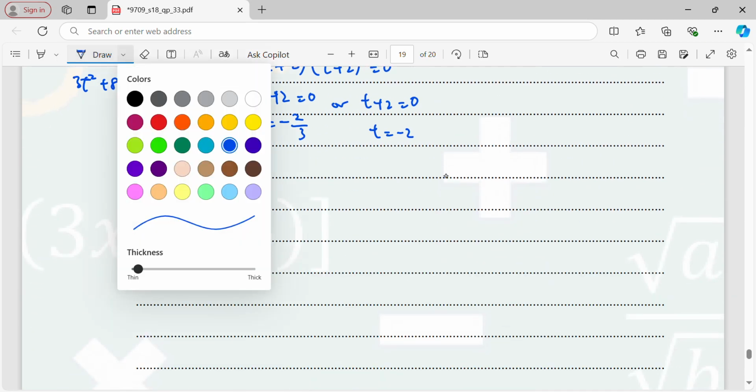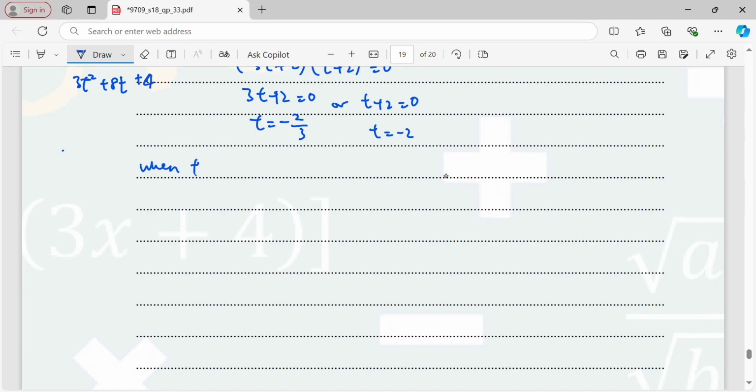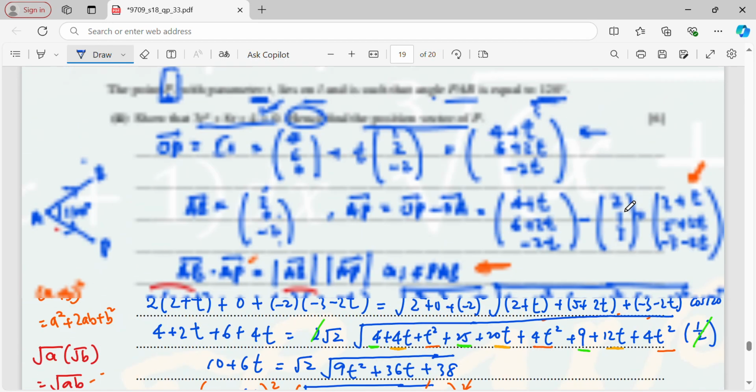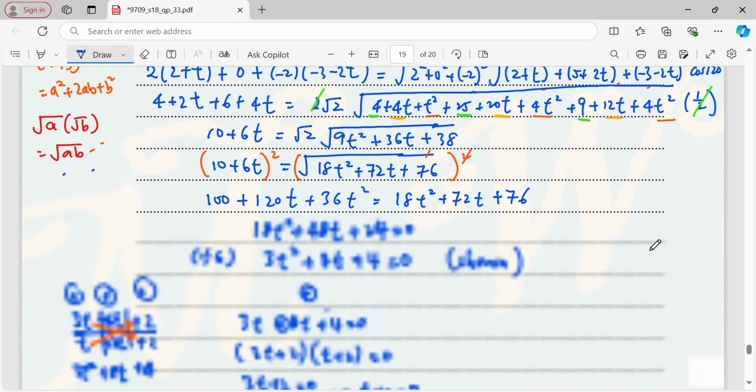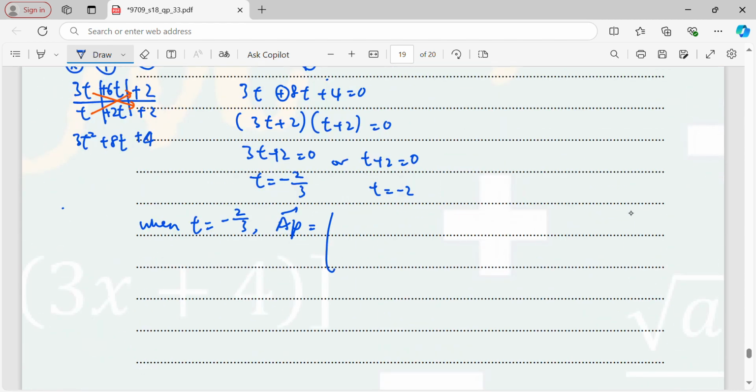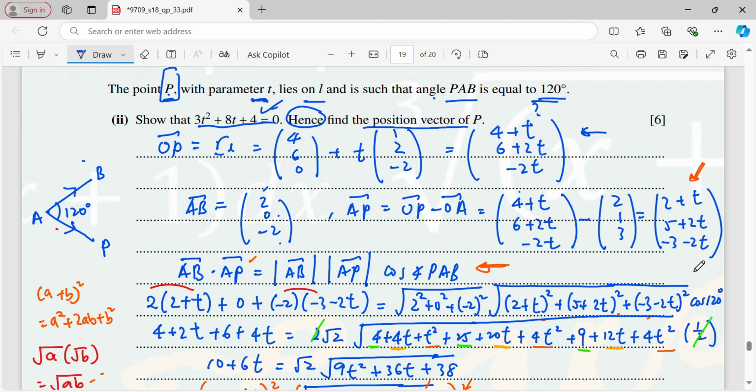So now when t equals to negative 2 over 3, my AP equals to 2 plus t, 5 plus 2t, and lastly minus 3 minus 2t.